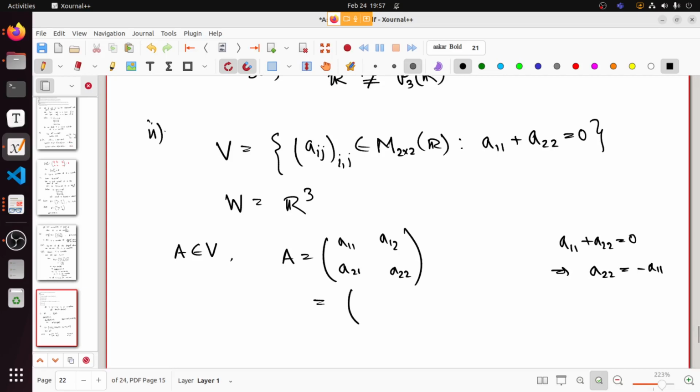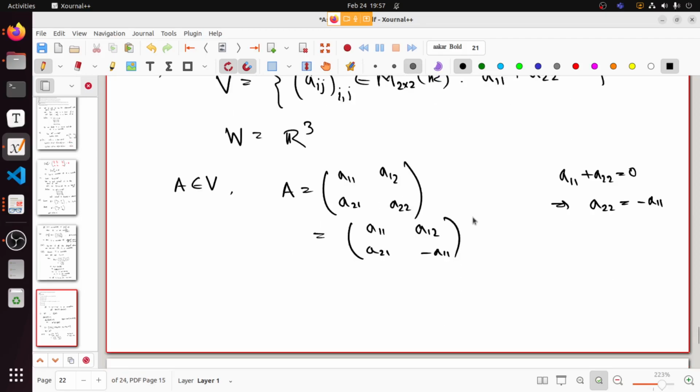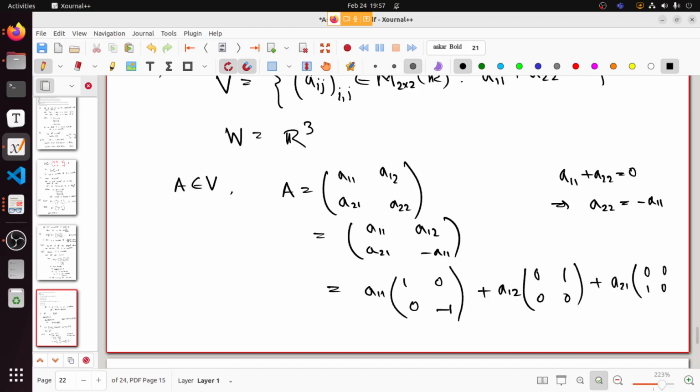So you put it here: A11, A12, A21, minus A11. Then you can write it as A11 times the matrix 1, 0, 0, minus 1, plus A12 times 0, 1, 0, 0, plus A21 times 0, 0, 1, 0. And these three are linearly independent, you can check in M2R.